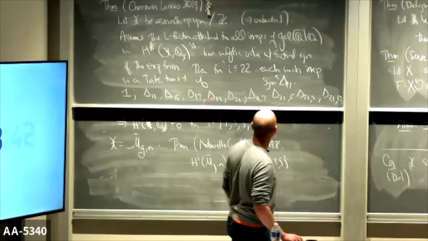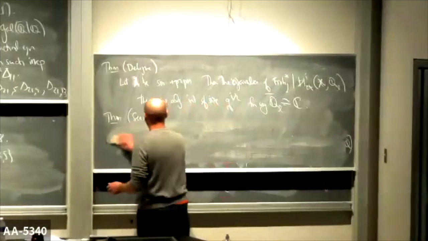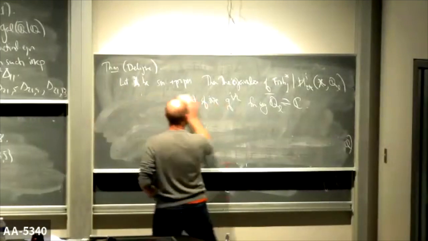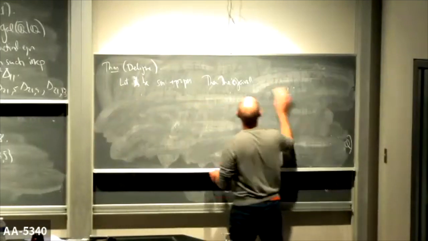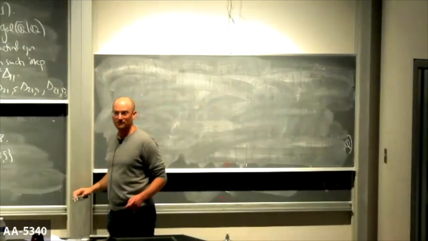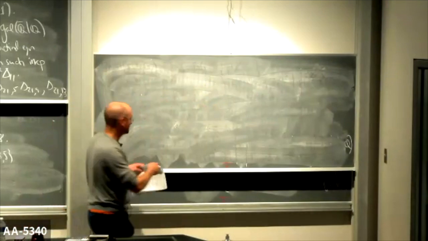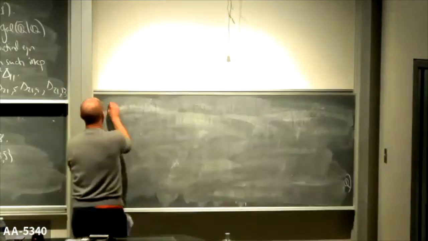Okay. So now I should maybe close. There's no non-arithmetic proof that the H^i is trivial for 7 and 9. Well, that's what I was going to get to. Right.